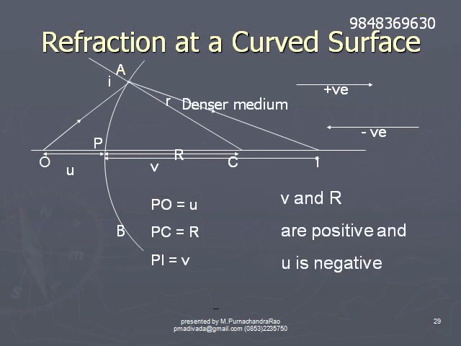Here, v and R become positive and u becomes negative.